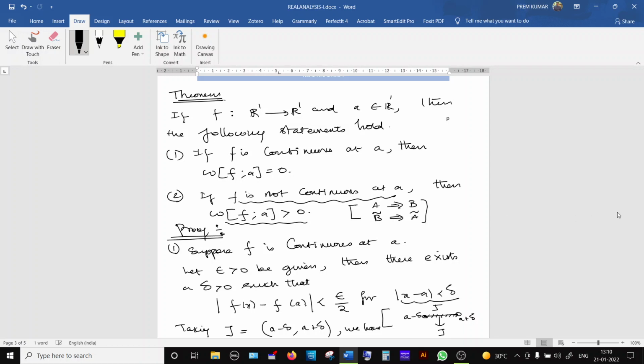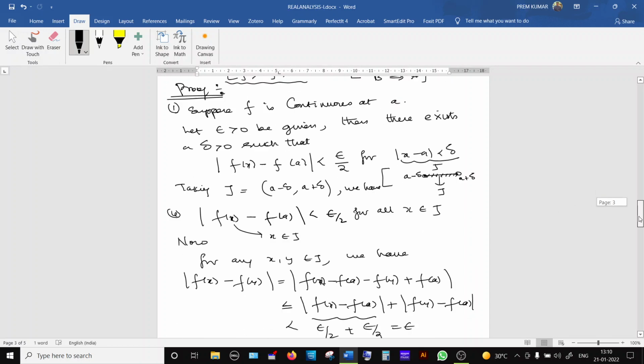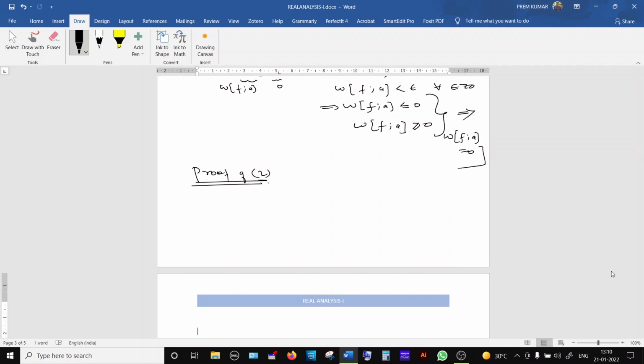So like this we are going to approach. We have to prove the oscillation is greater than 0. Suppose we assume that the oscillation of the function f at the point a is less than or equal to 0.